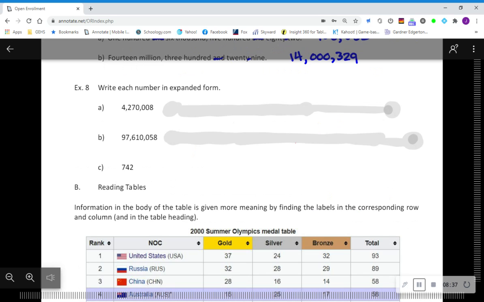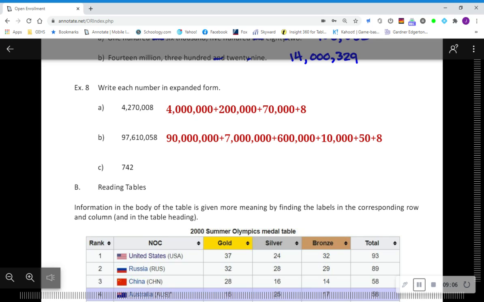All right, the next one here, you're supposed to write this out in expanded form, and this would be the format you would use if you didn't have place value involved. For instance, the 2 that's in this number here is actually in the hundred thousands place, so it really means 200,000. And this is what it would look like if you didn't use the Arabic Hindu place value system. You have to write out 4 million plus 200,000 plus 70,000 plus 8.